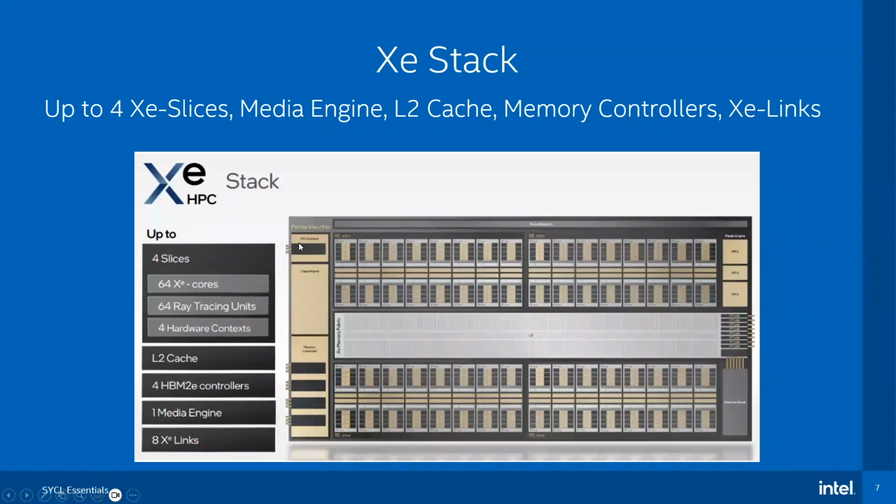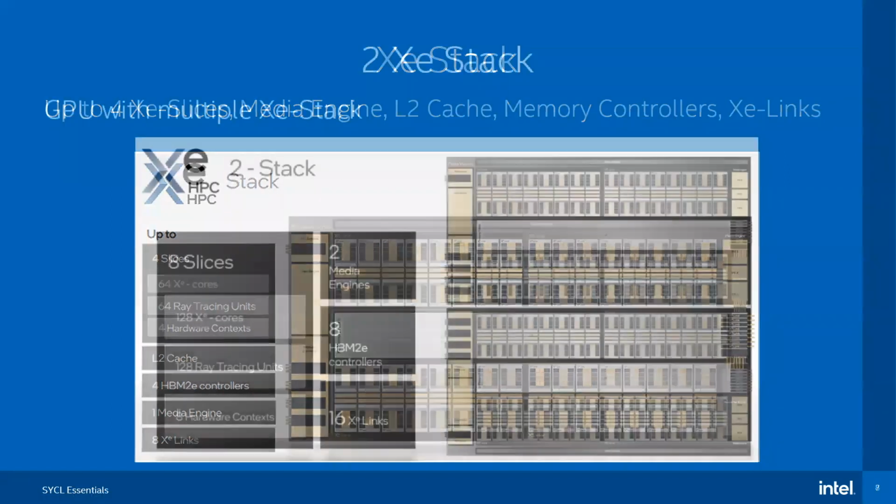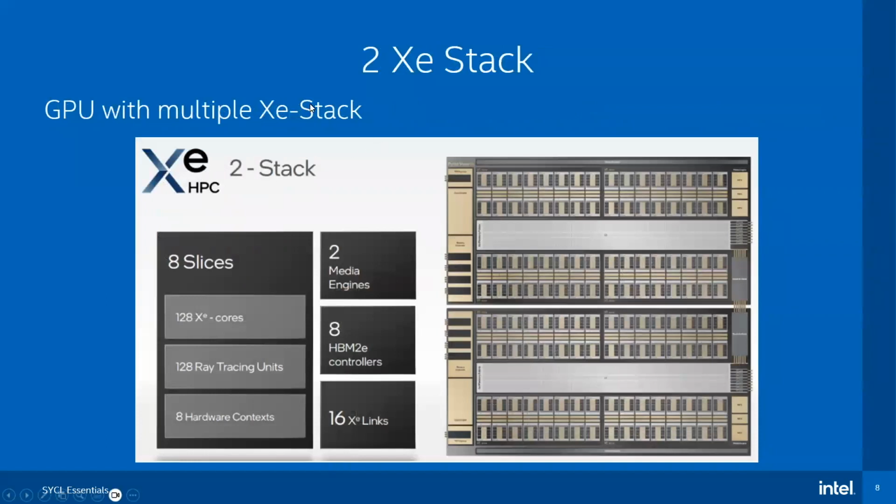And this is what we call a stack, Xe stack, and the actual GPU can either have one stack or it can have multiple stacks. But for this series, there are 2 versions available, one with a single stack, and then there's also a version available with 2 stacks, right?